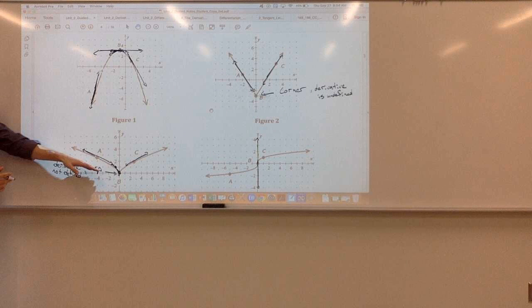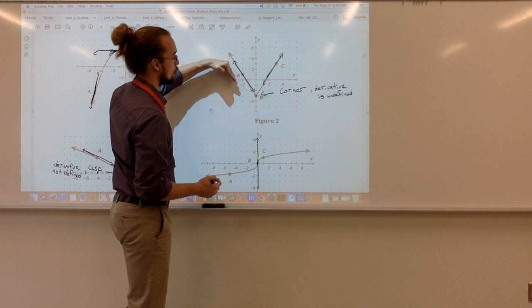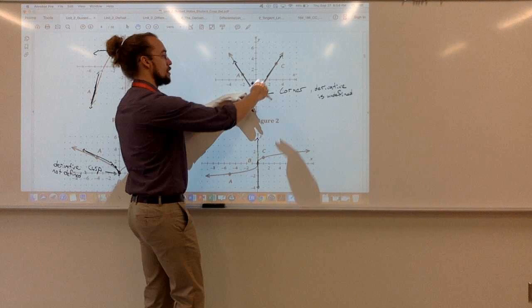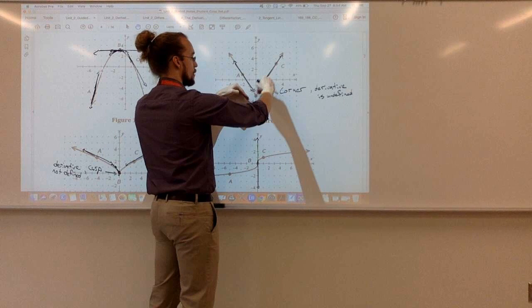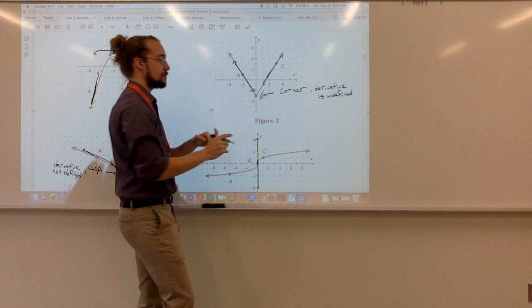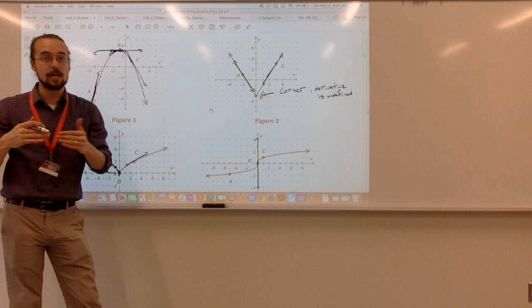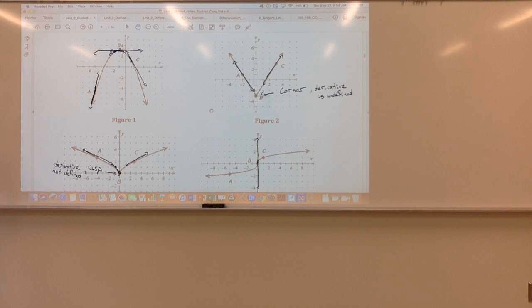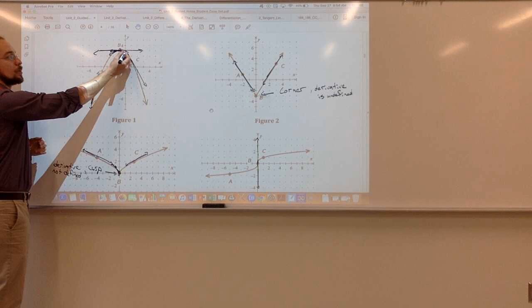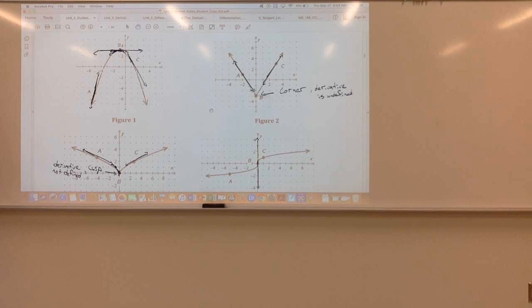So they're not getting closer and closer to a slope of 0. Same thing here: this one just has a steep negative slope all the way down, as does this, or this one would have a steep positive slope. So they're not getting closer and closer to a slope of 0. This one is, though. These are getting closer and closer to a slope of 0 from both sides. Good so far?